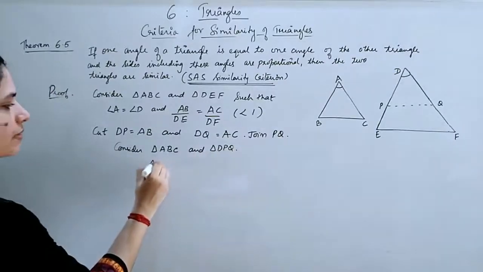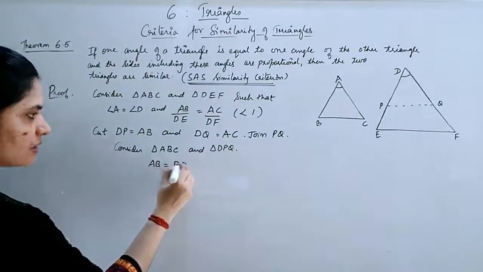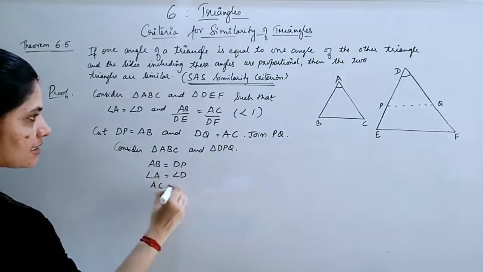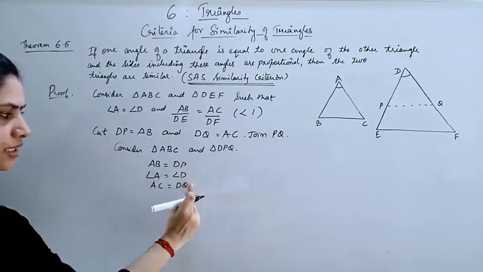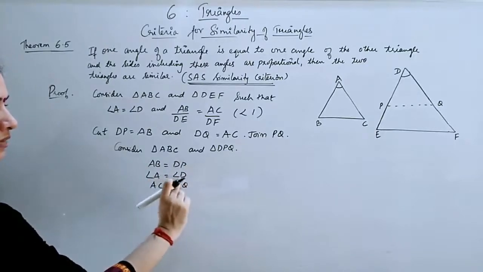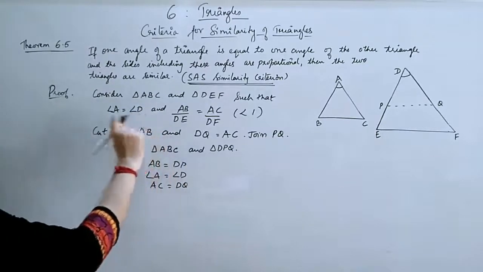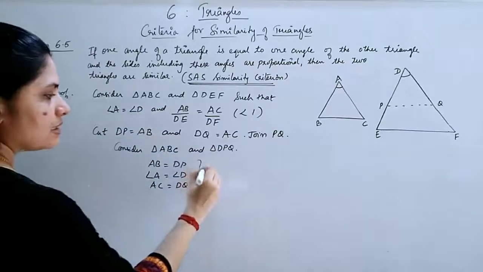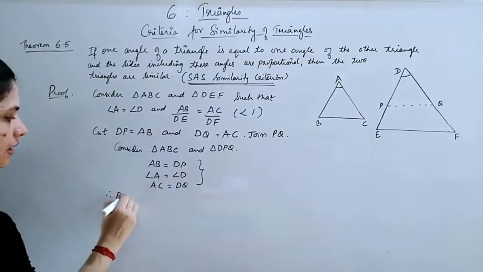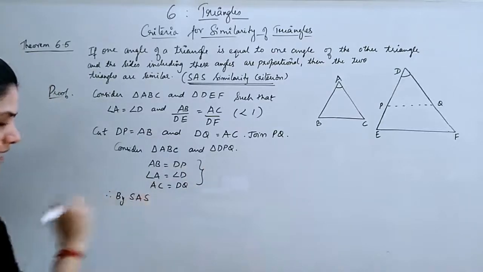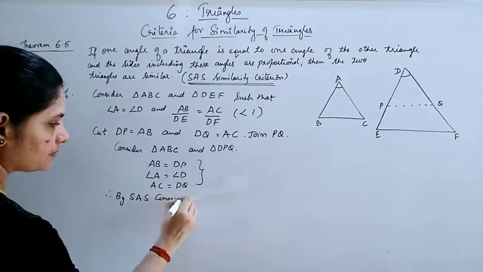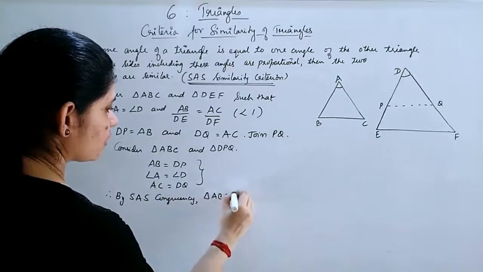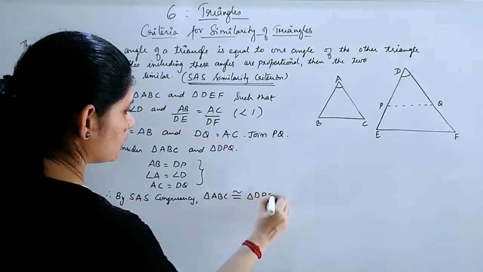Here AB is equal to DP, angle A is equal to angle D, AC is equal to DQ. The first and third are by construction and the angle is given in the question itself. So by SAS congruency, triangle ABC is congruent to triangle DPQ.